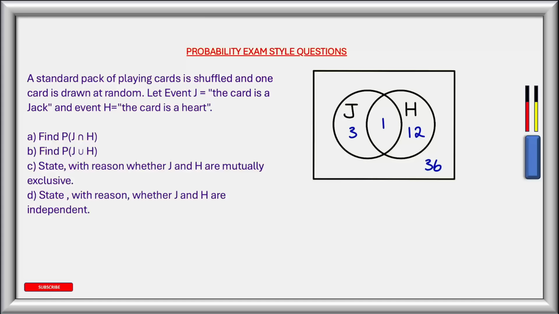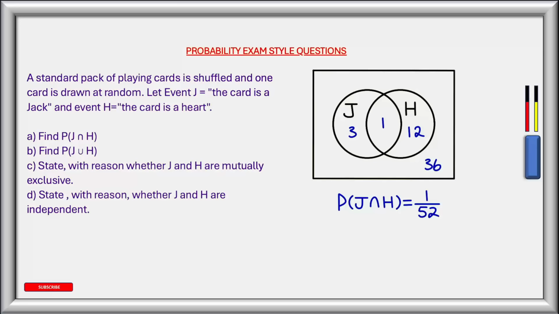And finally, we know that there are 52 cards in the pack, so those cards that are not jacks or hearts is equal to 52 minus 3 minus 1 minus 12, and this equals 36. This number we place outside of the two circles, but within the rectangle. Part A of the question asks us to find the probability of the intersection between jacks and hearts.